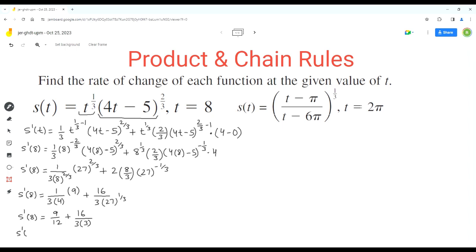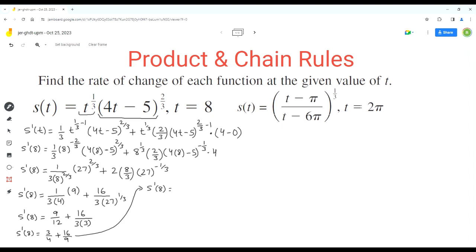So s prime of 8 equals 9 over 12, which can be reduced to 3 over 4, plus 16 over 9. Now we have to add these fractions. So we have to find a common denominator, and the common denominator is 36.